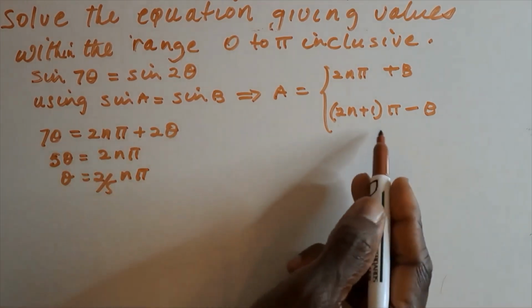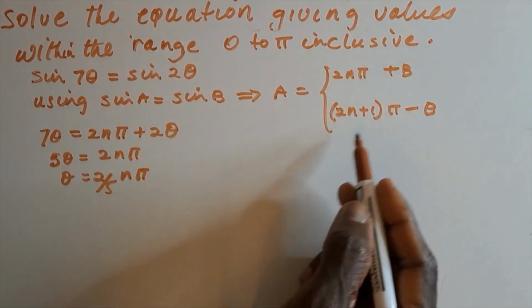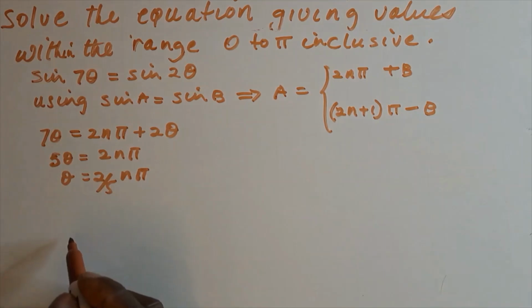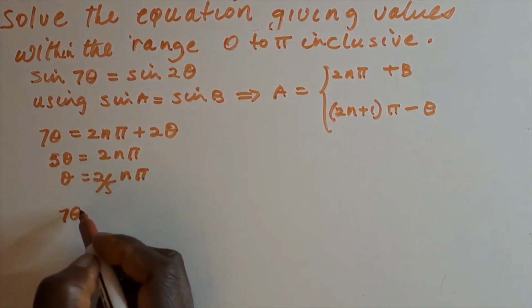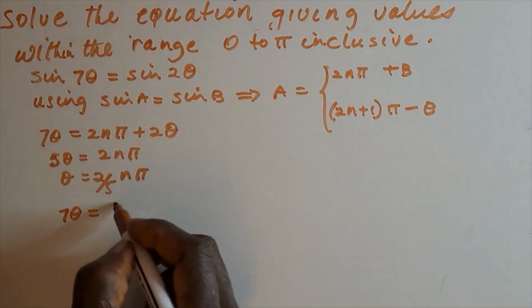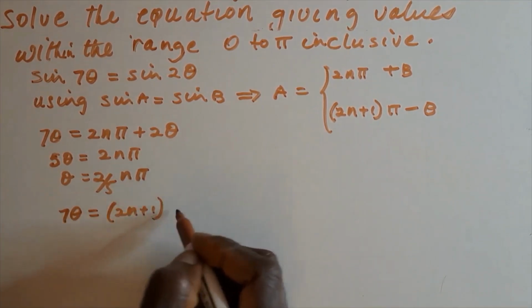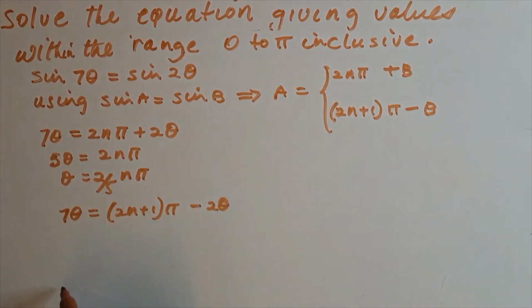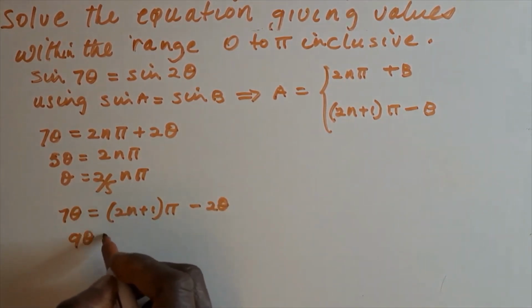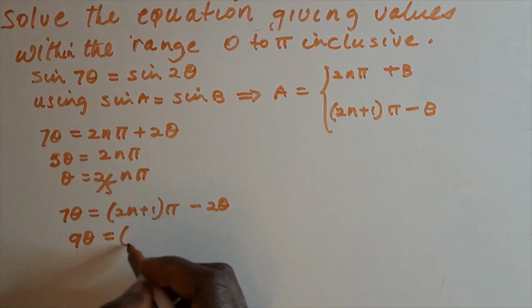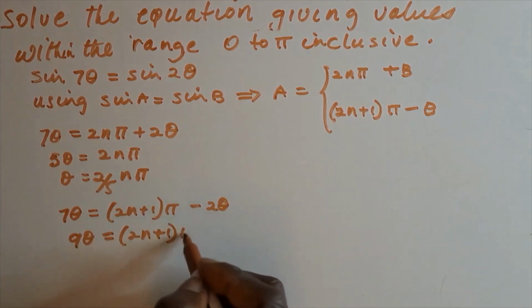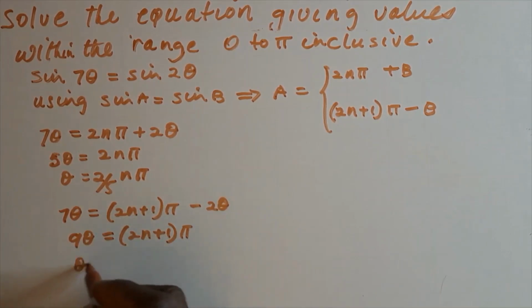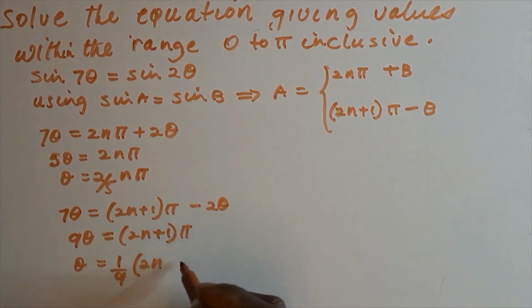The other option here is 2n add 1 times pi minus B, and so we have 7 theta is equal to 2n add 1 times pi minus 2 theta. This gives us 9 theta is equal to 2n add 1 pi, so theta is 1/9 2n add 1 pi.